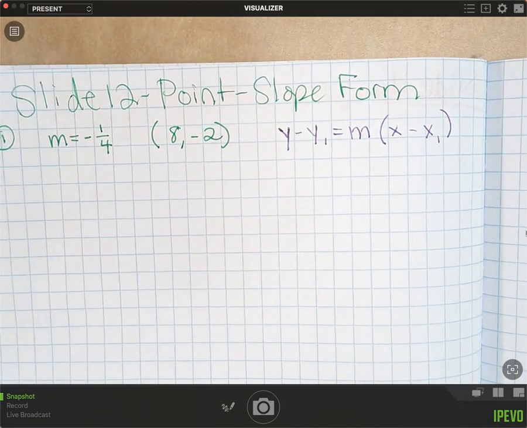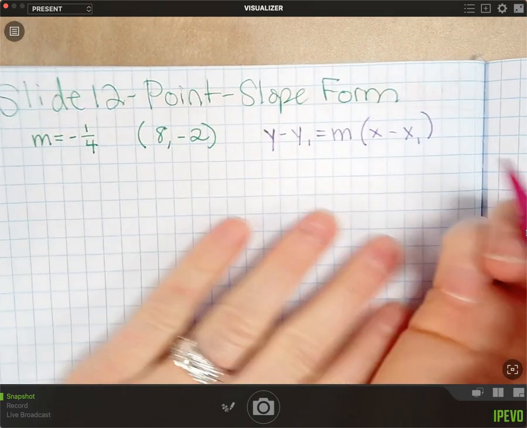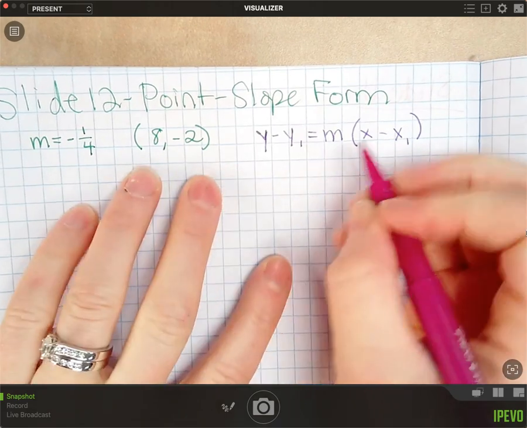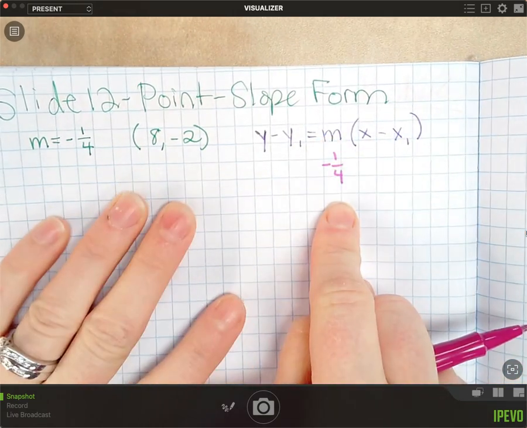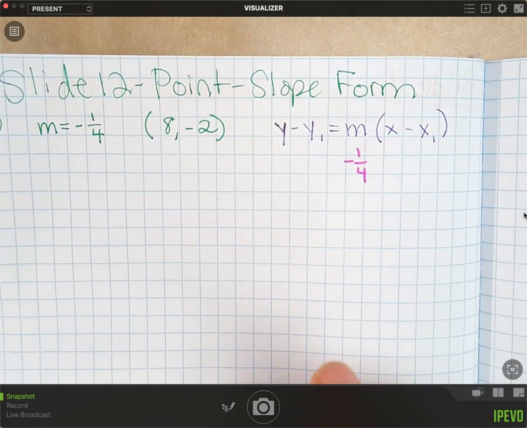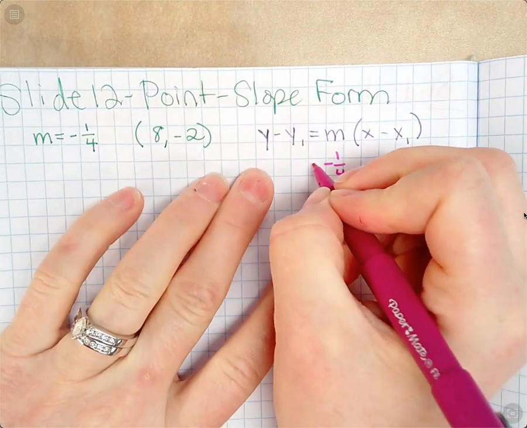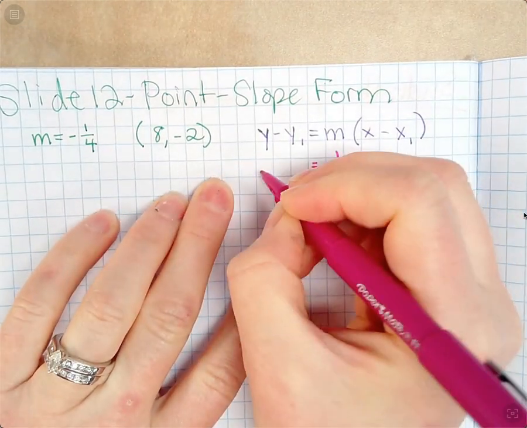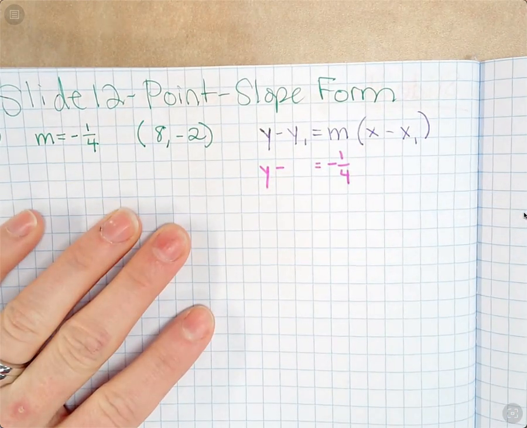So it said replace m with your slope. So in the place of m, I'm going to write -1/4 right underneath it, because I wrote the formula and now I'm replacing the variables with numbers. Okay, so there's an equal sign here. And then it's y minus y1.